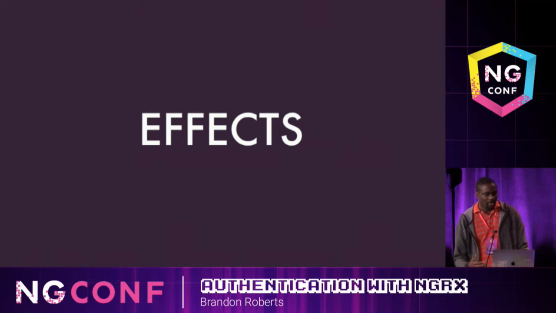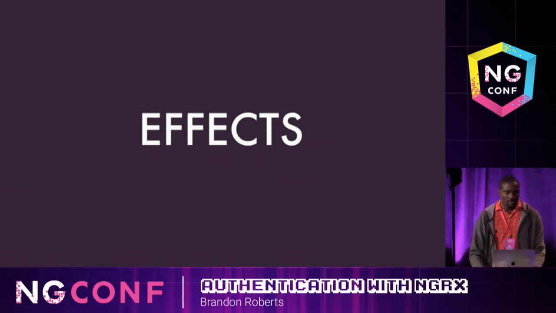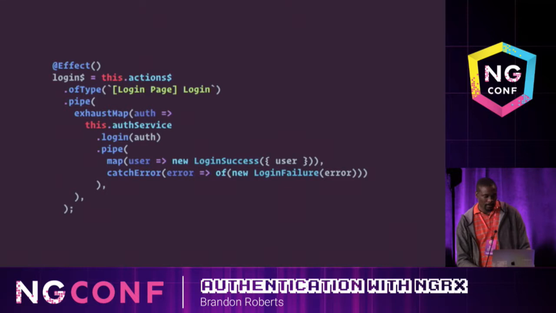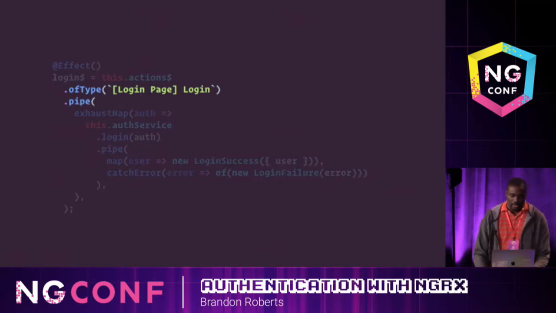Side effects are where you connect your actions to external requests. These also provide relevant data back to the store based on the result of those requests. So here we're going to process the authentication from login and handle logging out. If we look at this effect, you can see that I'm listening for an action from the login page to log in.